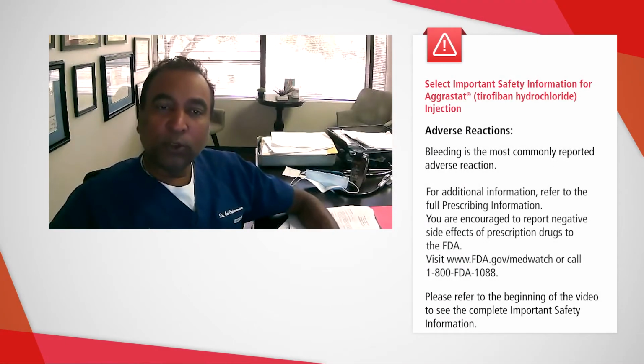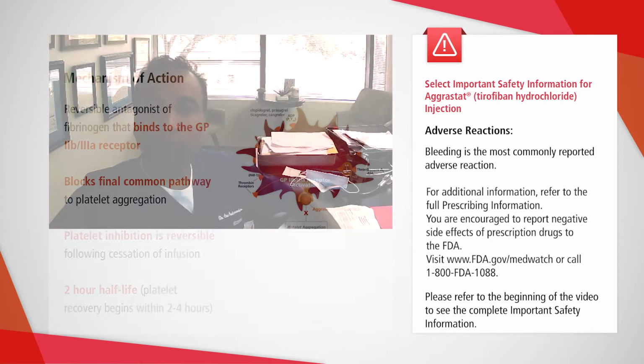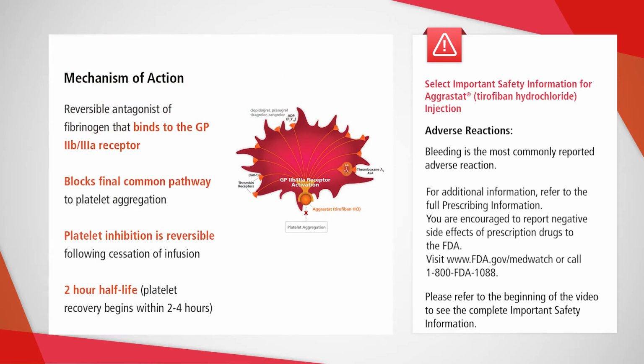Before we go into the cardiac cath findings and revascularization strategies, as a refresher, Aggrastat or tirofiban hydrochloride is a reversible antagonist of fibrinogen that binds to the glycoprotein 2B3A receptor, where it blocks the final common pathway of platelet aggregation.